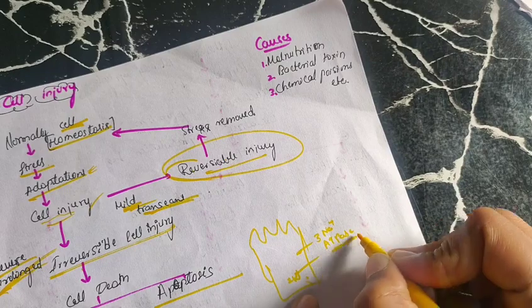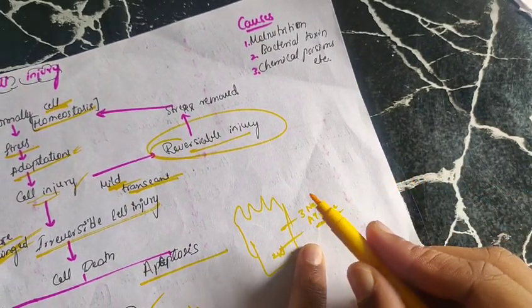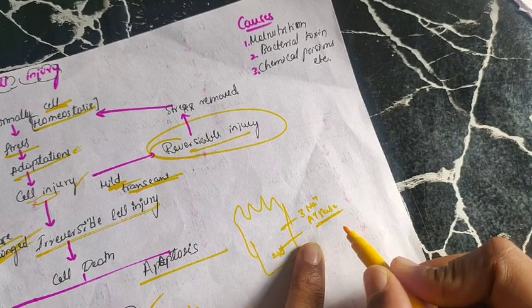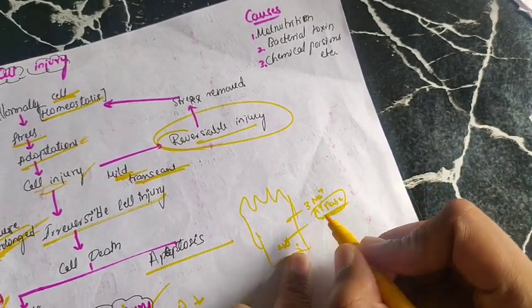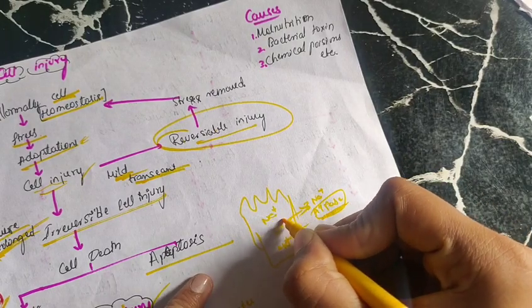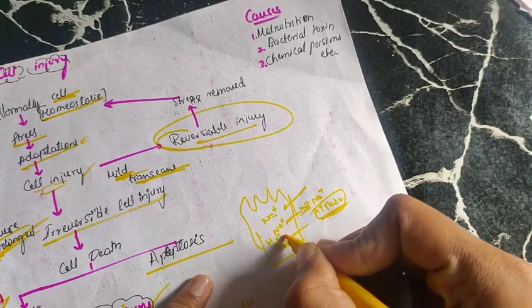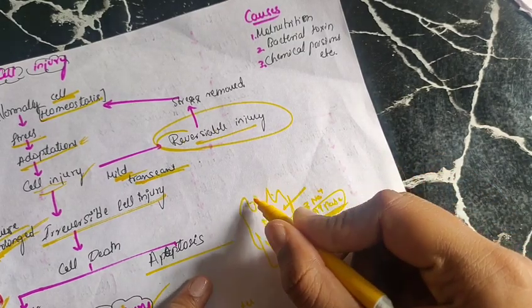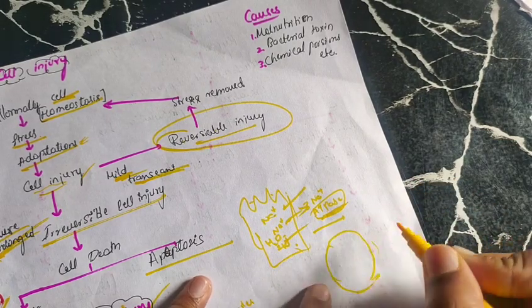If there is a depletion of ATP, because there is loss of oxygen supply, oxidative phosphorylation is not taking place, so ATP will be depleted. So this pump fails to pump 3 sodium out, and sodium starts accumulating inside. Secondary to sodium accumulation, water also enters in and the cell starts swelling. The microvilli present on this cell will disappear and it becomes a normal plain surface.